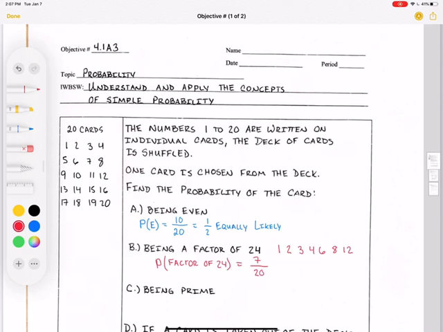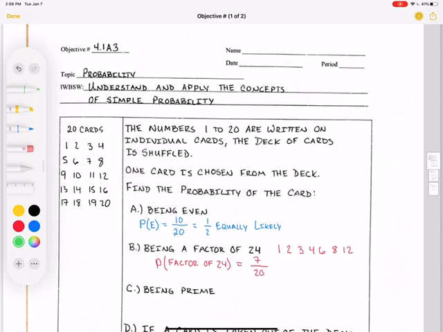The odds that they are prime. Being prime. Prime means that you can only divide a number by 1 or itself. So, for example, numbers like 3 are prime because you can only divide 3 by 3 and 3 by 1. So, prime numbers, I'm going to go ahead and circle them in this list.